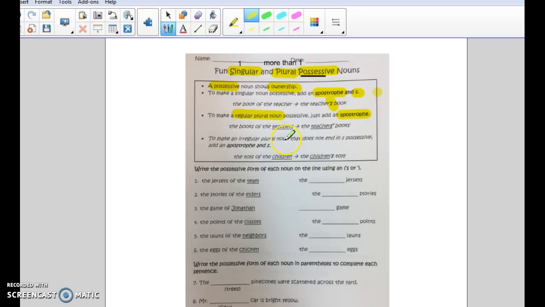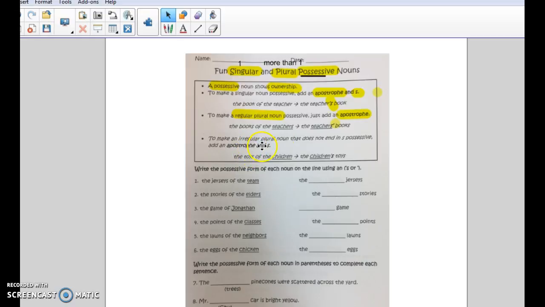The teachers are owning, so they get the apostrophe. Well, there's more than one teacher. It already has an S. So you just put the apostrophe after the S. If you take your finger, and you should be doing this on the screen, cover up the apostrophe and everything after it, you are still left with more than one teachers, with an S.